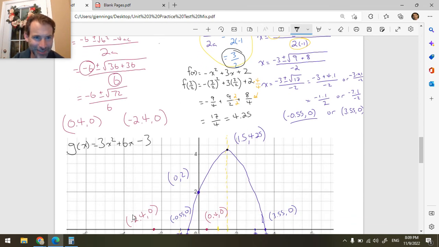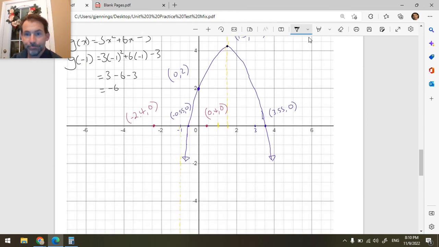It's going to be -6, but I'll show you why. g at -1 is equal to 3 times -1 squared, which is 1, plus 6 times -1, which will be -6, minus 3. That is 3 times 1 is 3. 6 times minus 1 is minus 6. Minus 3 is just minus 3. This equals minus 6.